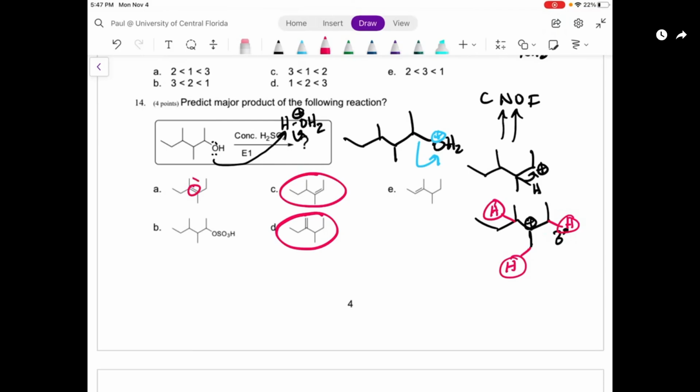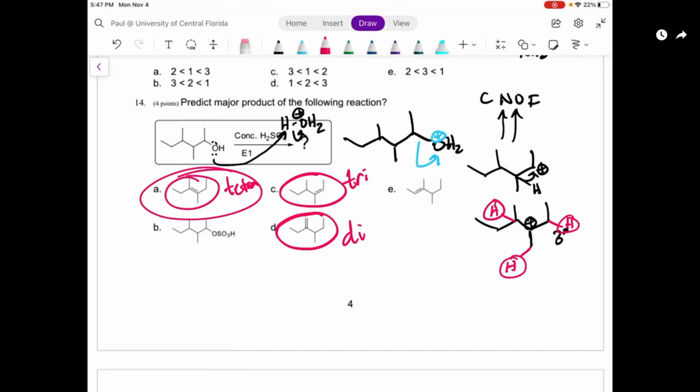So when we compare those 3 that I've just highlighted, which one's more substituted when we're looking at the double bond? This one's a di-substituted. This one's a tri-substituted. And this one right here is a tetra. So that's the more substituted alkene. So that makes A the correct answer.